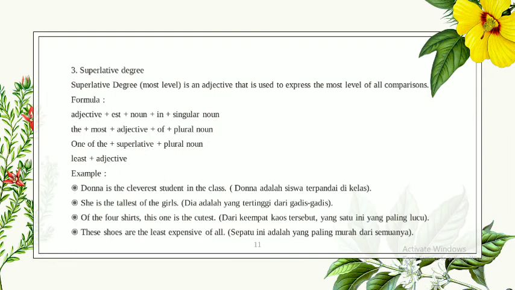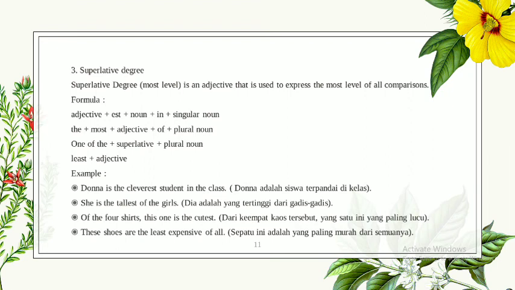The third is one of the plus superlative plus plural noun. And the last, you can use this formula, least plus adjective. Example is Donna is the cleverest student in the class, and she is the tallest of the girls. Or of the four shirts, this one is the cutest.